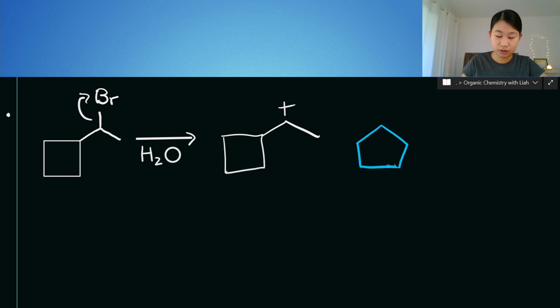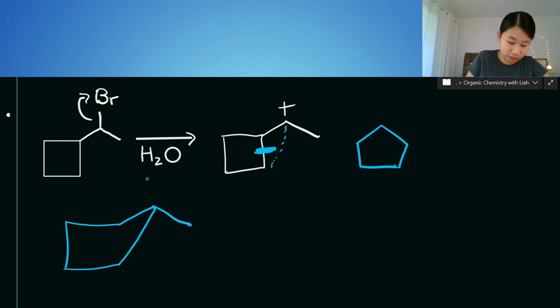The question is, where should the positive charge go, and where should this methyl group go? Well, taking into account that this right here is the bond that broke, and I have simply put these electrons from this bond over here, so that in the end we have a shape that's somewhat like this.